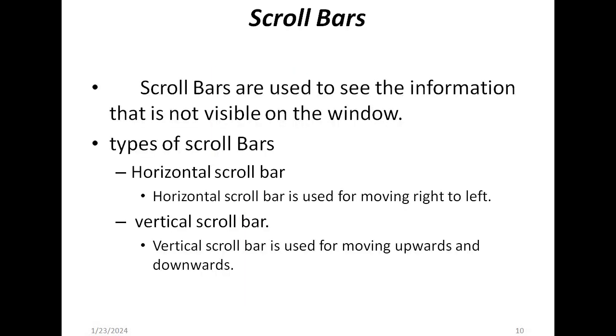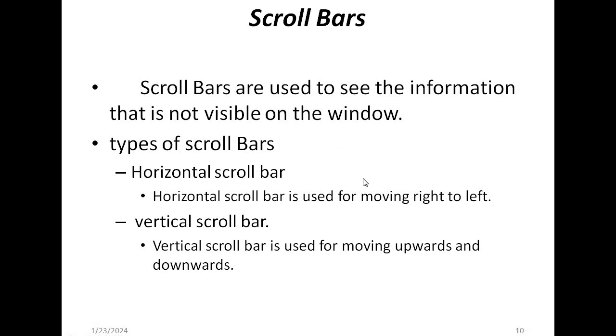And then the scroll bars are used to see the information which is not visible in the window. If the content is too much to be displayed in the window, the scroll bars provide easy access to the content. There are two types of scroll bars: horizontal and vertical. If it is moving from right to left, that is the horizontal scroll bar, and if it is going from upward to downward, that is the vertical scroll bar.